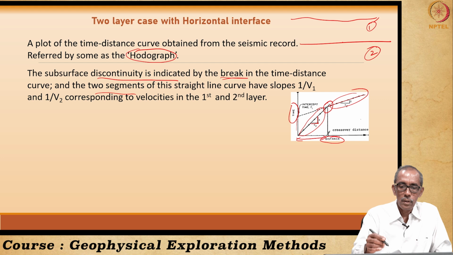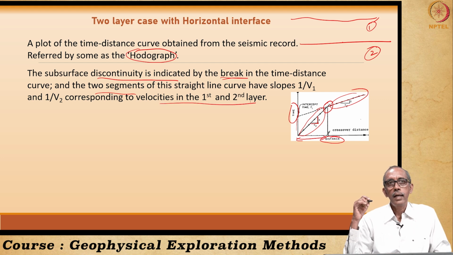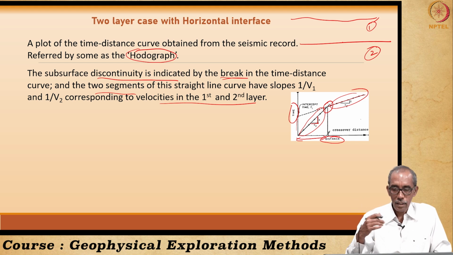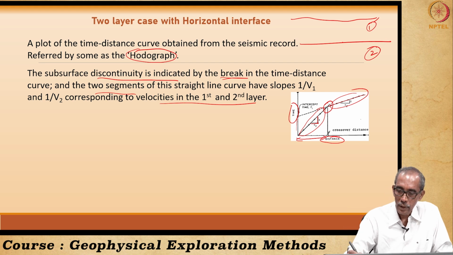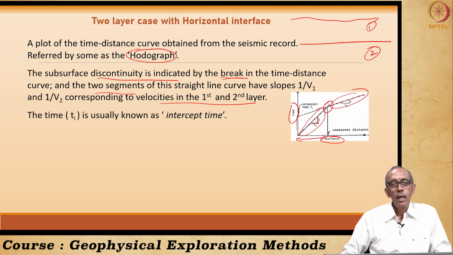So, the velocities of layer 1 and layer 2 can be determined from this time distance plot.